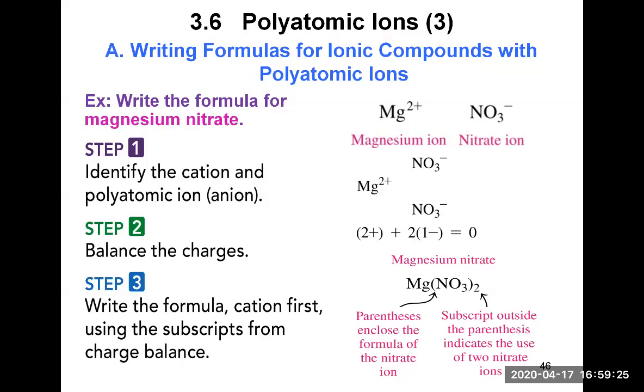So to show that we need 2 nitrate, we put parentheses around NO3 and then write a subscript 2 in the lower right corner to show that it's 2 nitrate per magnesium. And when you write the formula of ionic compounds, you drop the positive and negative charges because they have been cancelled to make that formula. So they should not be written in the compound formula.